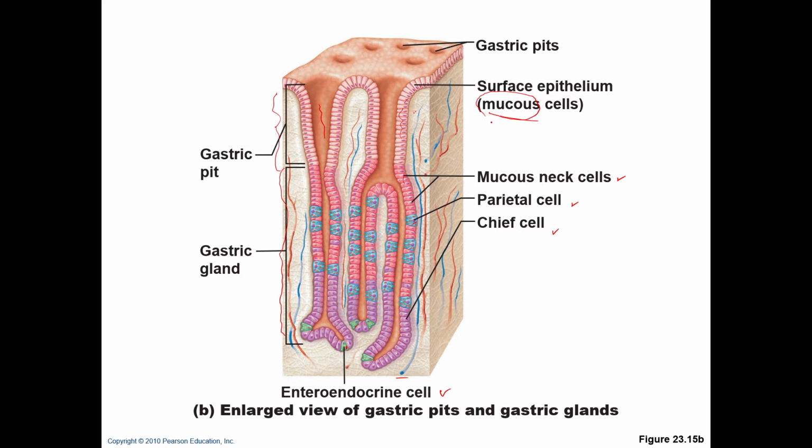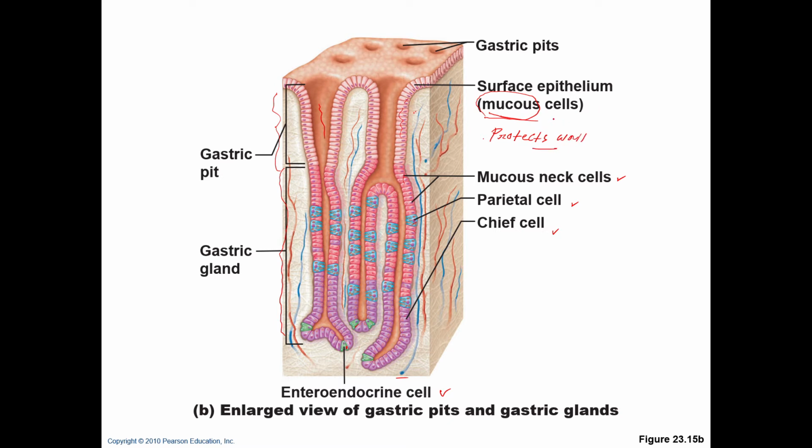So that mucus secretion forms a barrier between the foodstuff and the wall of the stomach. So it gives a protection, protects the wall of the stomach.